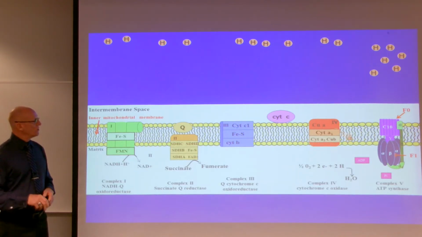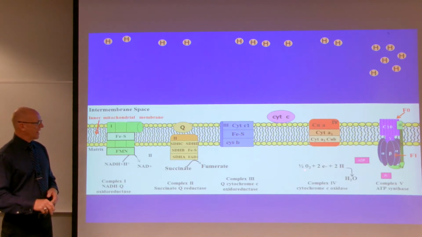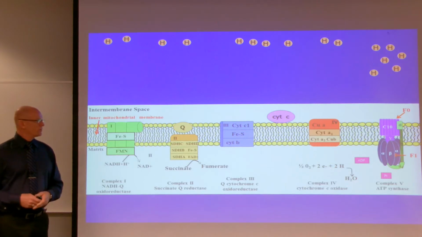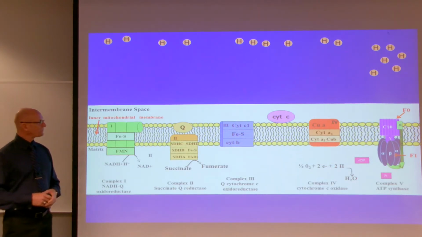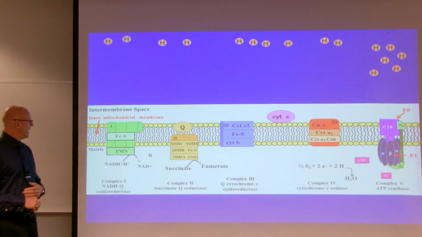And then the other 2 hydrogen ions will come down here, bind with the oxygen, the 2 electrons, with the 2 hydrogens to promote a molecule of water. Now that is from the reduced form of NADH plus H.